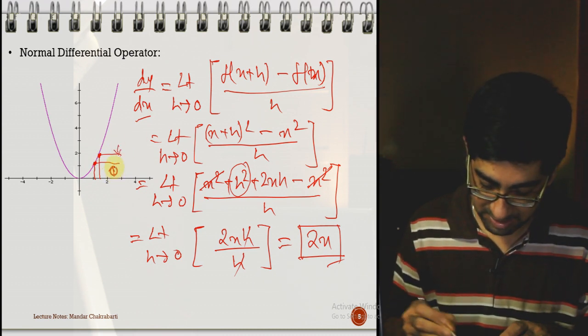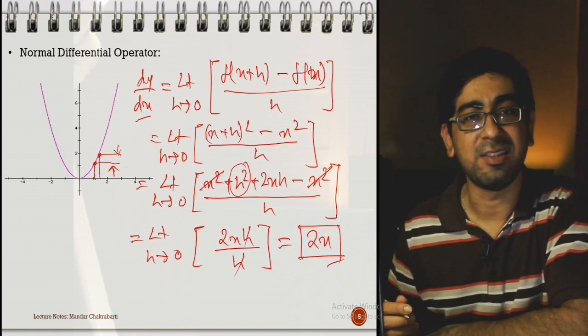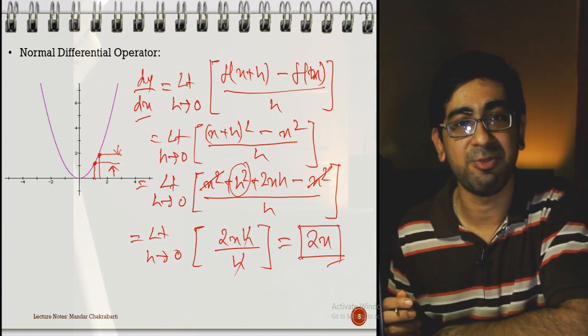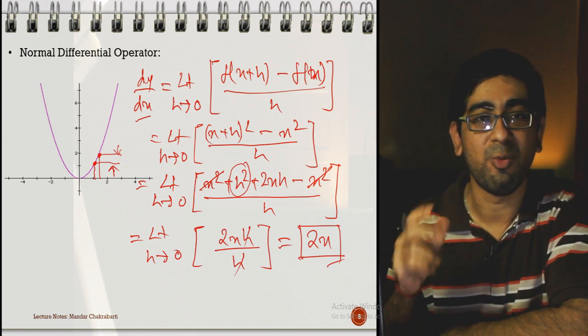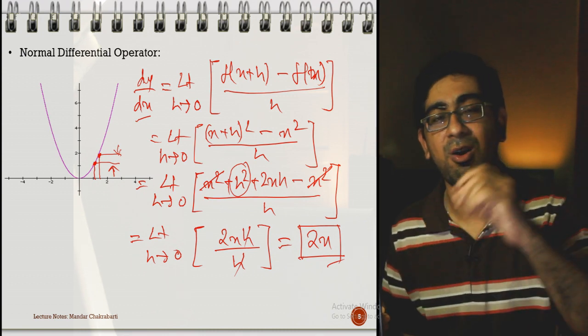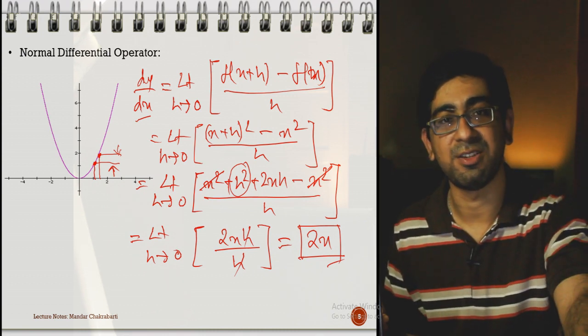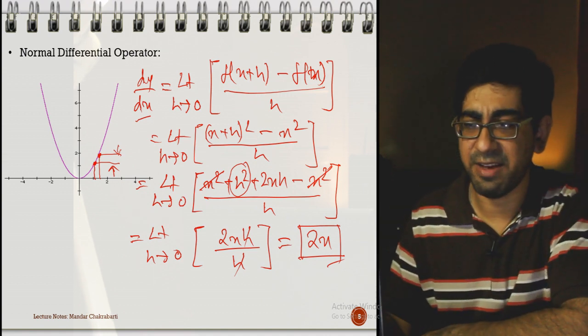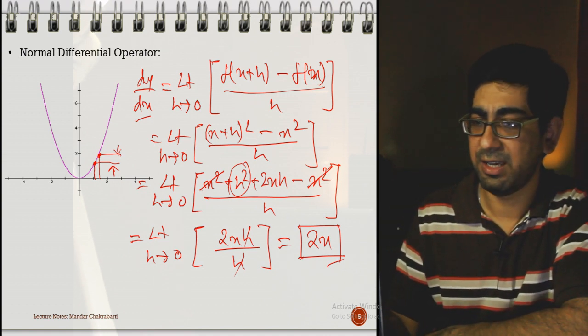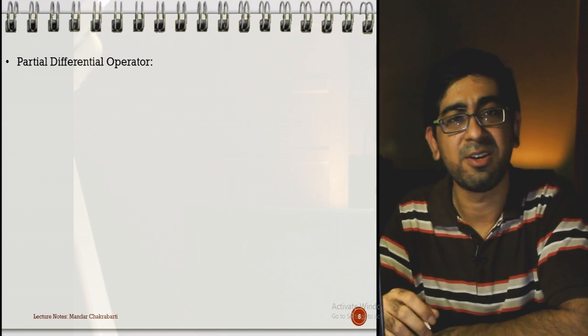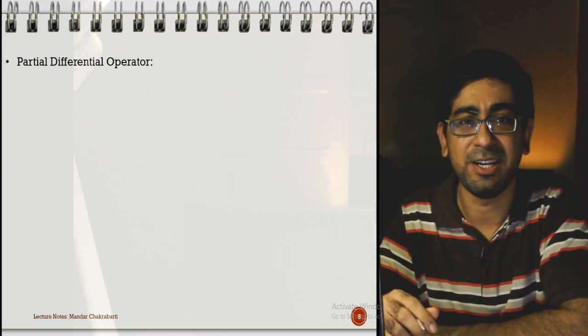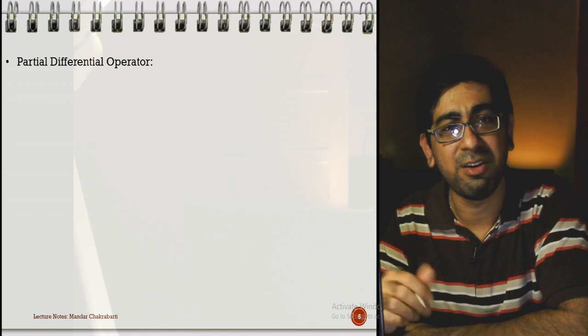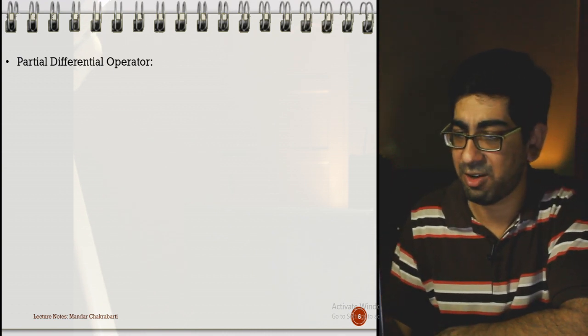And these are the exact same steps that we are going to be requiring when we go into calculation of the vector differential operator. Now we have stated that the vector differential operator is the partial differential operator in all three directions. So just a very quick recapitulation of partial differential operator.